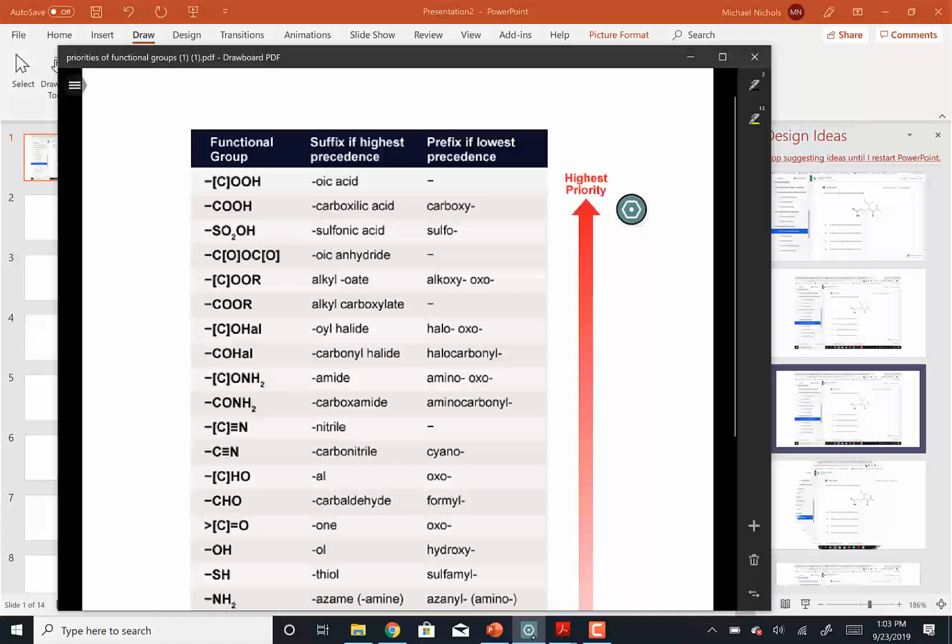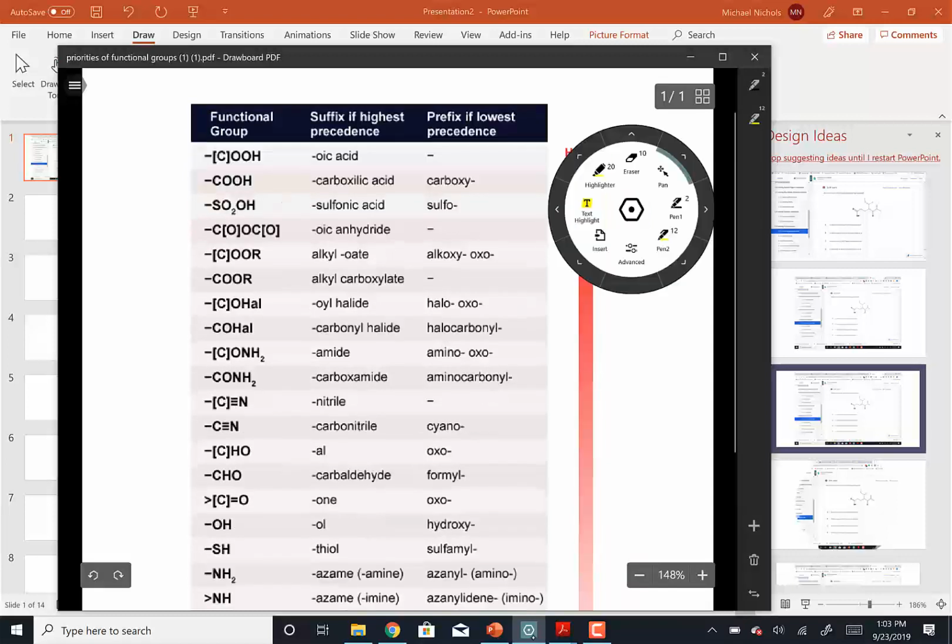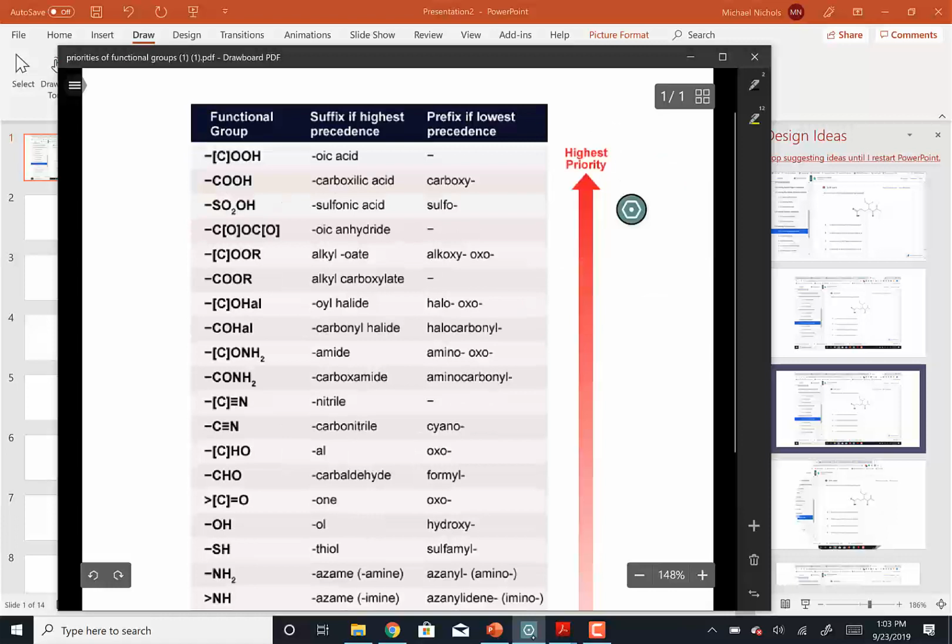So when you're looking at this chart, they did something here, which I'll talk about in a minute. These first two are C double bond O OH groups. So that's what a carboxylic acid group is. There are some of these we're not going to worry about that much.